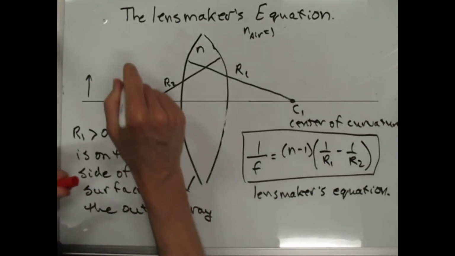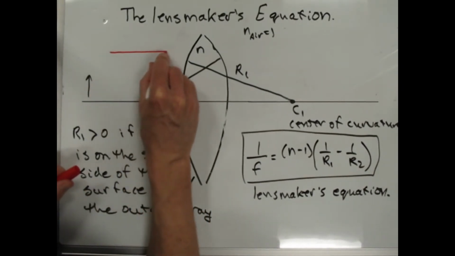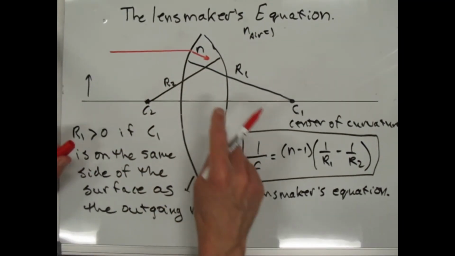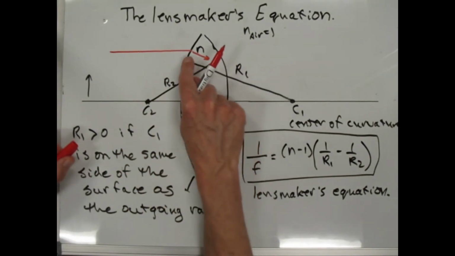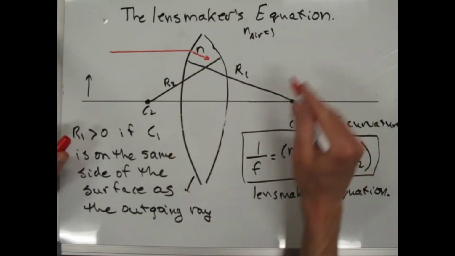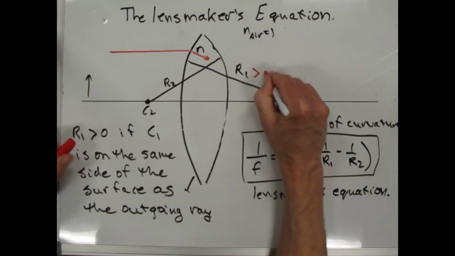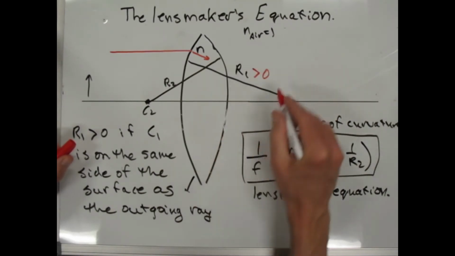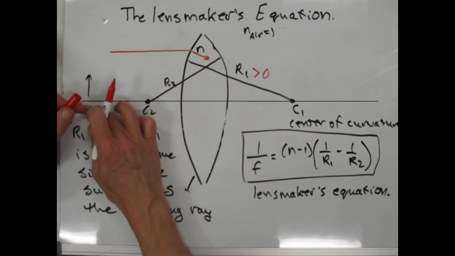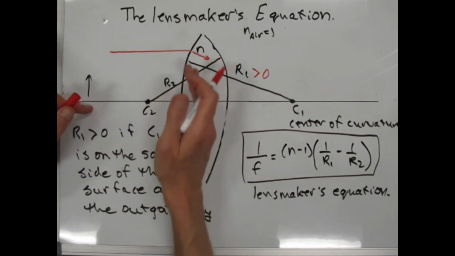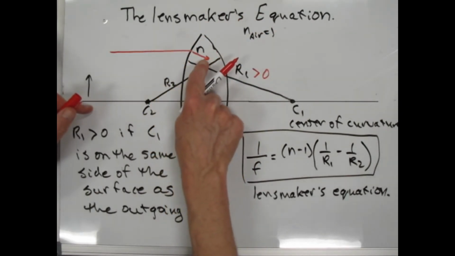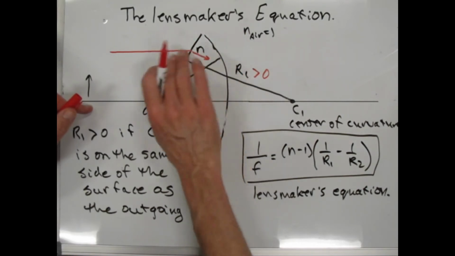So a ray that comes in here is refracted this way somehow, and so the outgoing ray is on the same side of the surface as the center of curvature, and so for this guy, R1 is greater than 0. If this had been a concave surface, the center would be over here, and it would be on the opposite side of the surface from the outgoing ray. The ray is always going to go through the glass, and so when the ray goes through the glass, it's on this side.